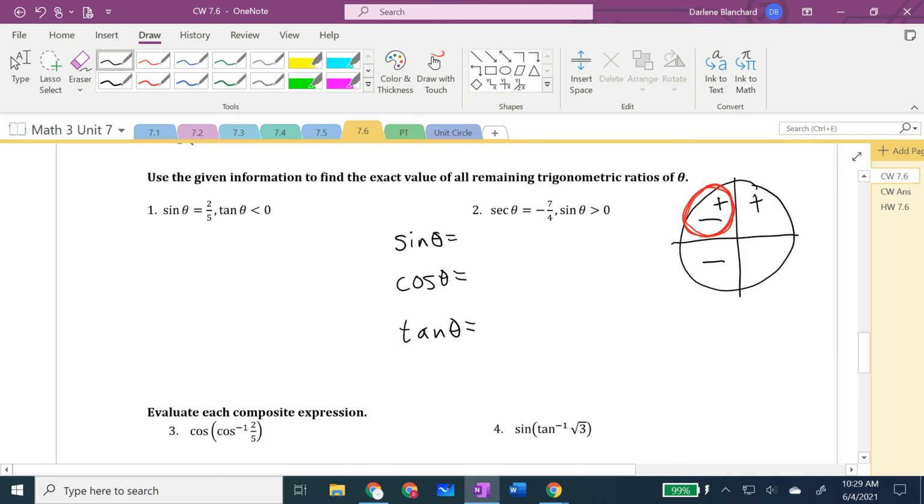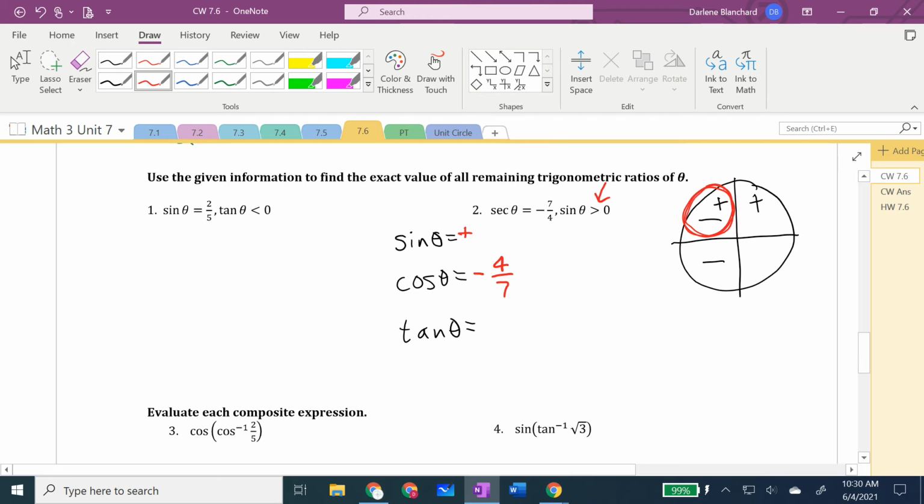Cosine is secant's reciprocal, so I immediately know that my cosine is negative 4 over 7. I'm told that my sine is positive, so I'm just going to put a plus sign right there.